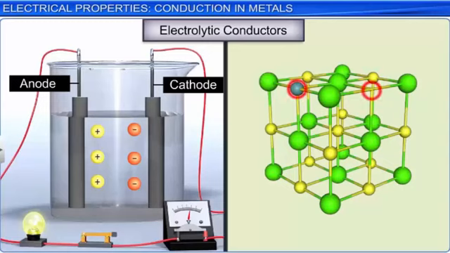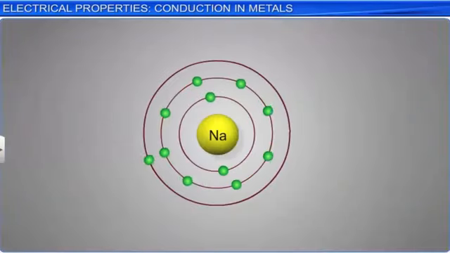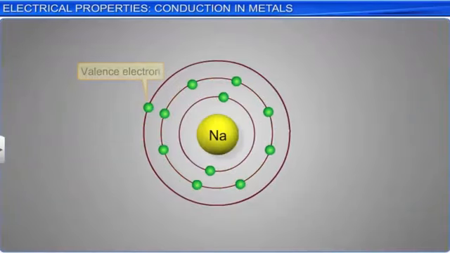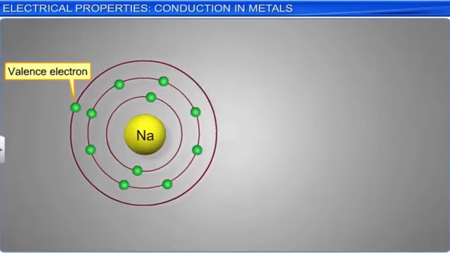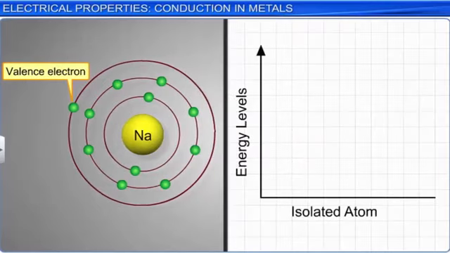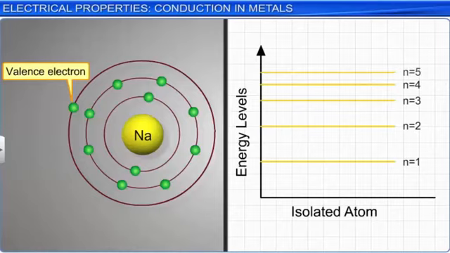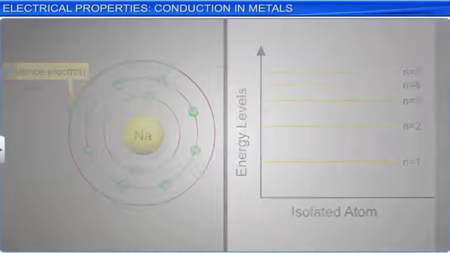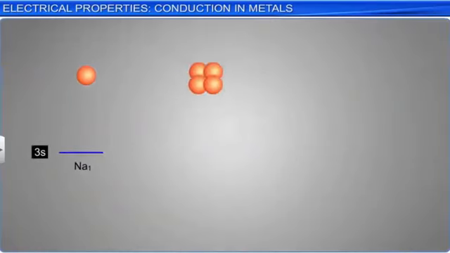The conductivity of metals depends upon the number of electrons present in the valence shell of their atomic orbitals. The electrons of a single isolated atom occupy atomic orbitals that form a discrete set of energy levels. When the atoms come close together, the overlap between their atomic orbitals results in the formation of molecular orbitals.